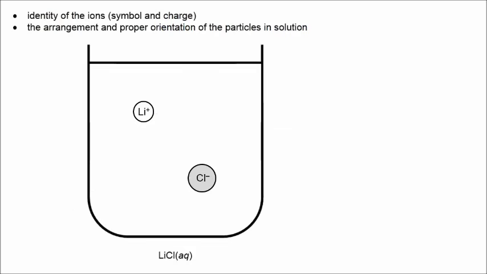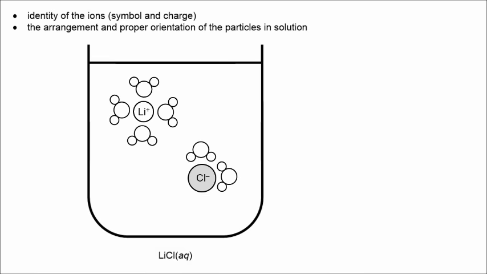So here is my lithium cation labeled with its symbol and charge, and I'm pointing the negative portion of the water molecule toward the cation. And there's my chloride ion, again symbol and charge, and I'm arranging the water molecules so that the hydrogen end points toward the anion. So that's what the diagram should look like. In terms of how many water molecules you draw, I would say you should draw at least 2 water molecules to show that you know what you're doing.